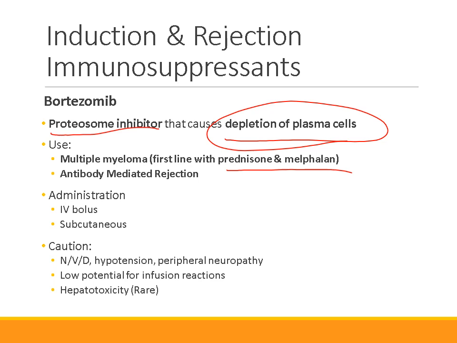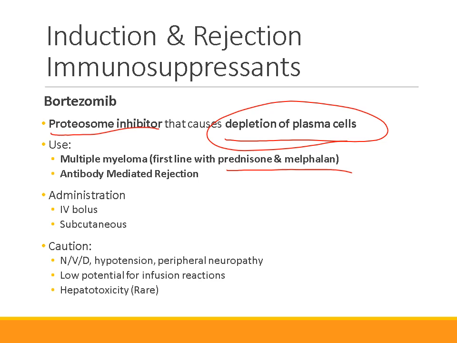Melphalan, it's called an alkylating agent. That's an anti-neoplastic agent. So melphalan is used for cancer, and then the bortezomib and prednisone are both immunosuppressants. So again, this is an approved first line therapy or combination to be used for multiple myeloma.